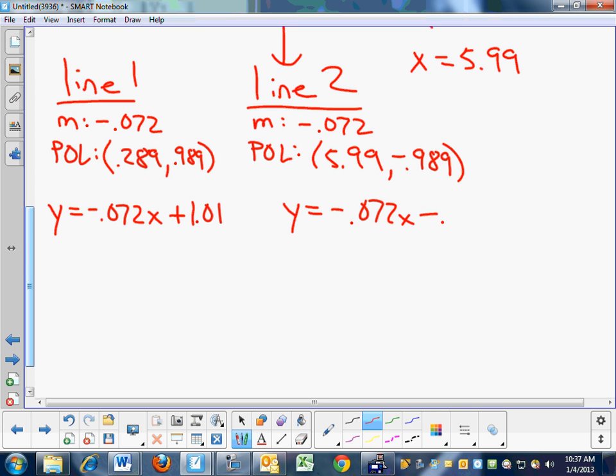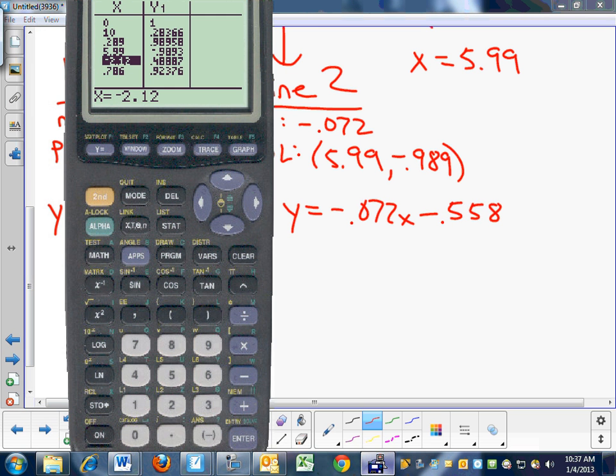Minus 0.556. Okay. All right, we'll leave it like that. Okay, those are our 2 lines. Now what we're going to do is graph these lines as well as the original function. Take out our calculator.